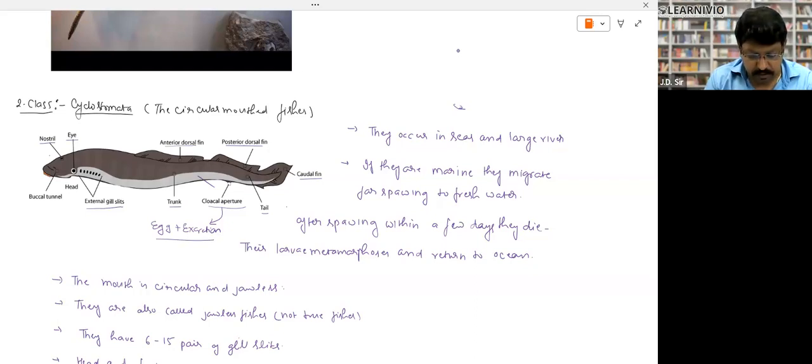If they are marine, they migrate for spawning. Spawning means laying eggs. They migrate for spawning to fresh water. Full stop.